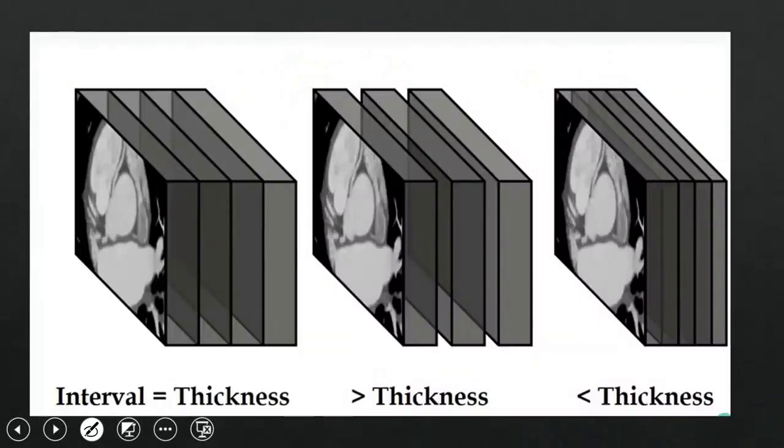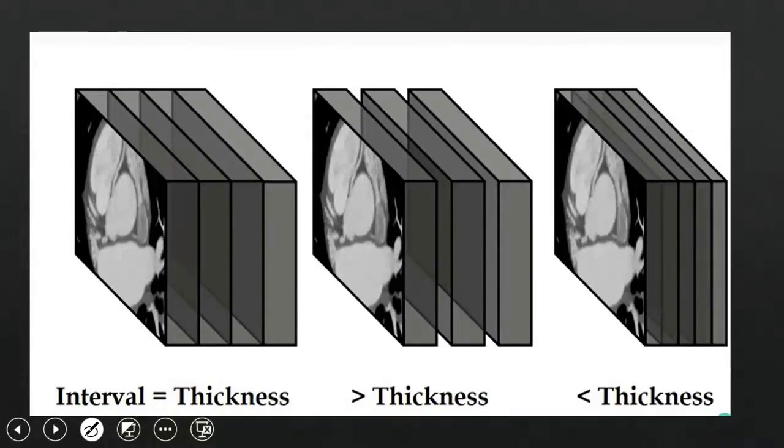As for the interval, there is always something called the interval. What is the interval? Does anyone have it? We always hear the word interval or gap. Take a slice thickness of 5 millimeters and an interval of 5 millimeters.